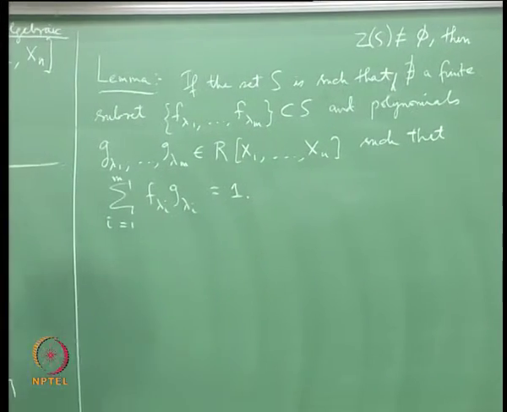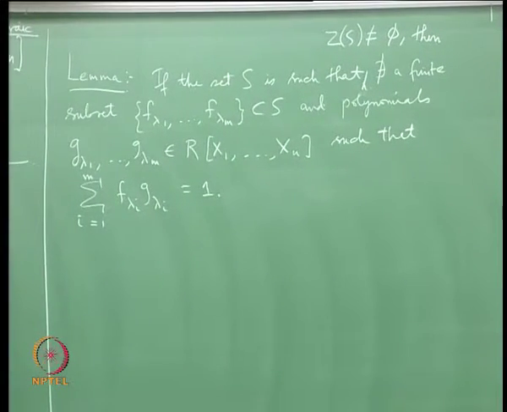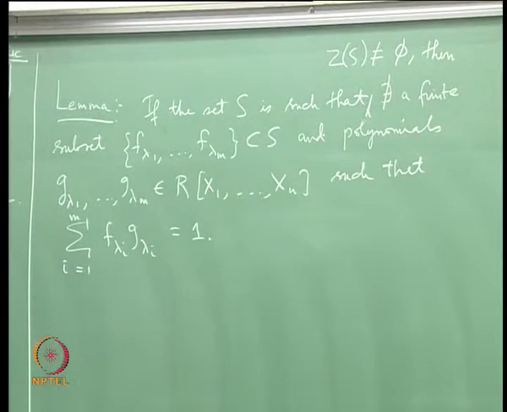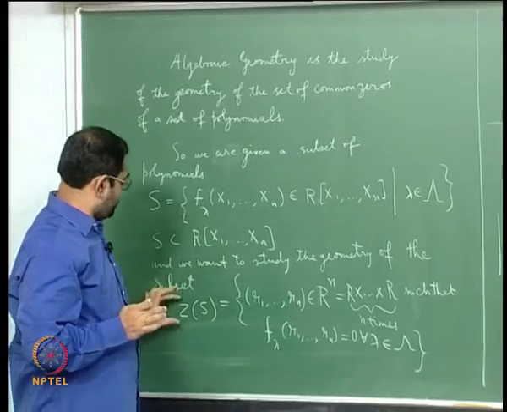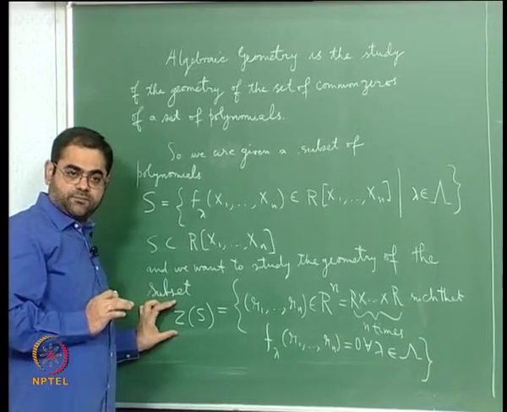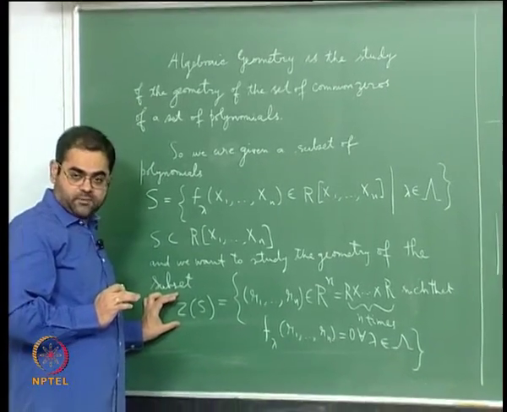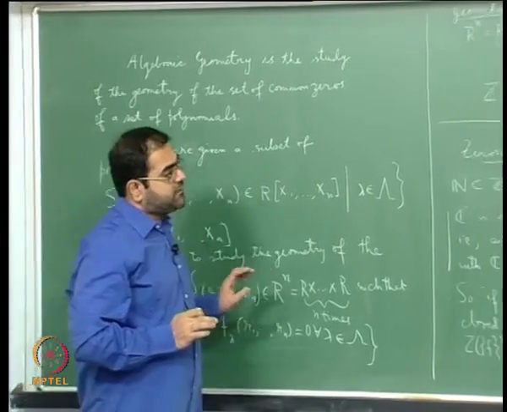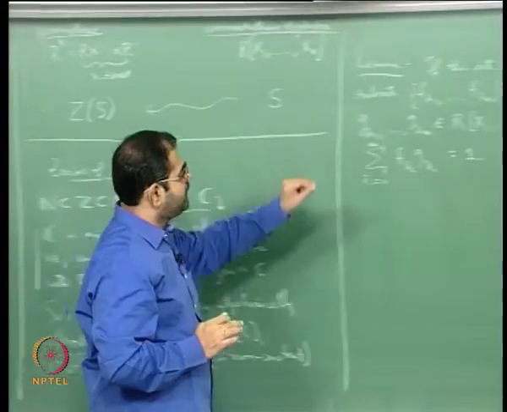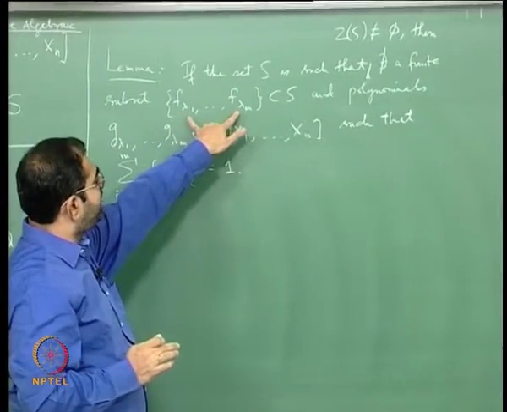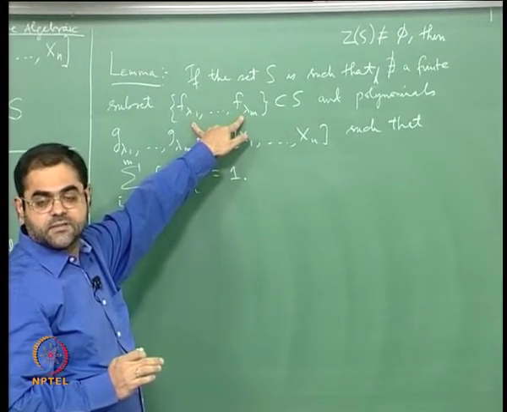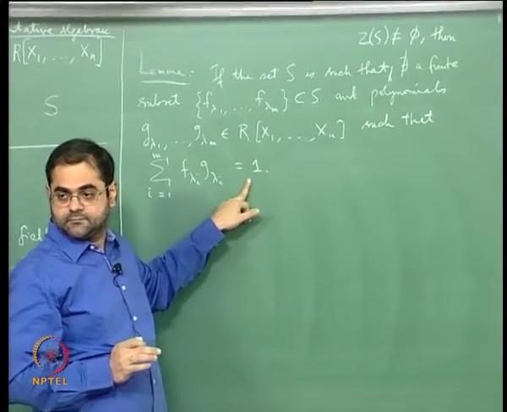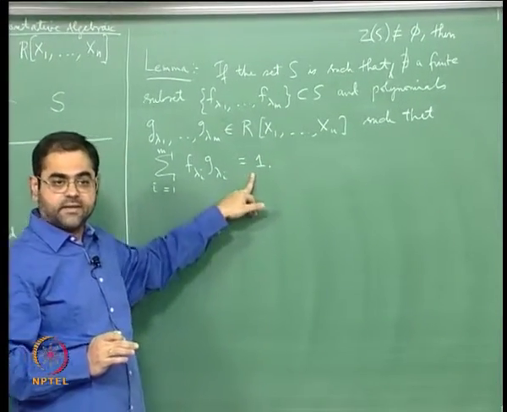The whole point is we are trying to study this set of common zeros. We don't want that to be empty, and the statement I am making is that if it is non-empty, then no finite subset of S can generate 1.